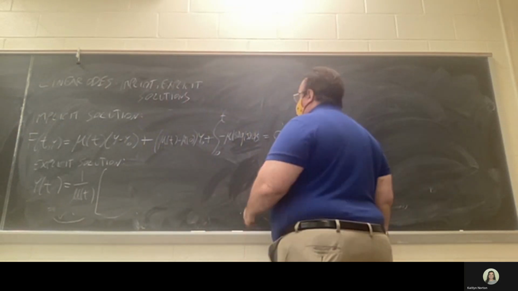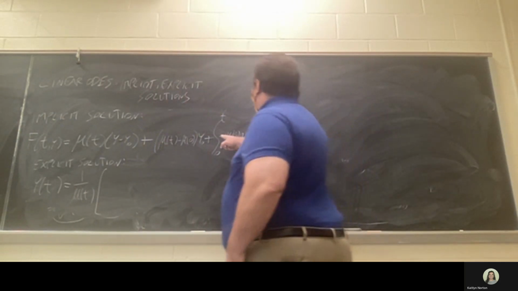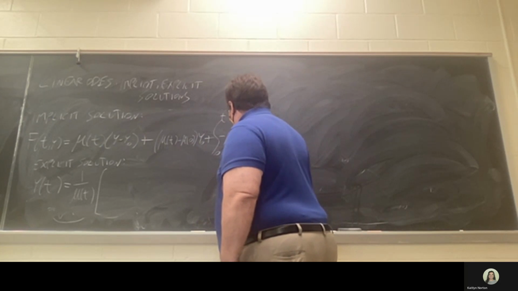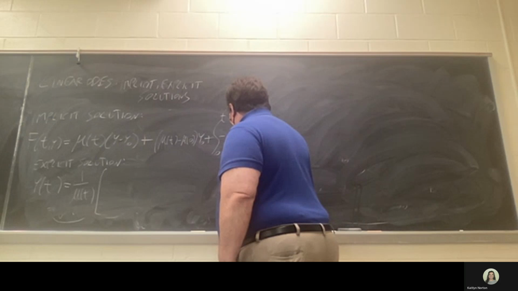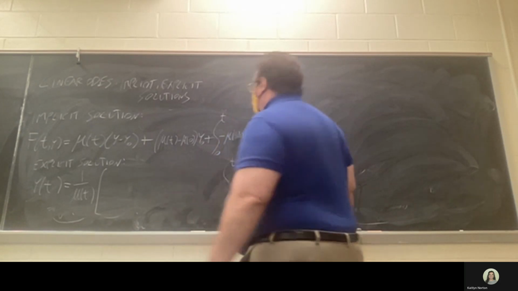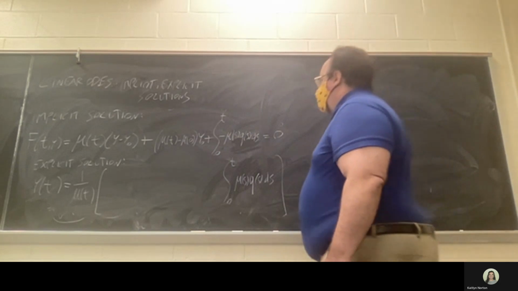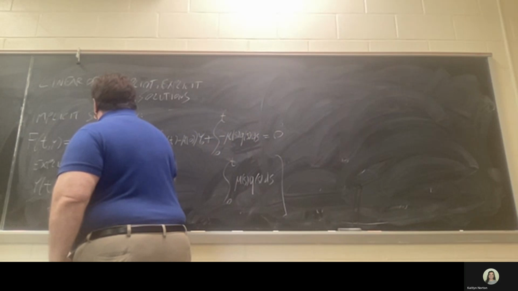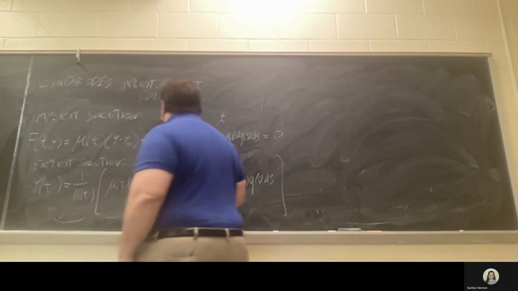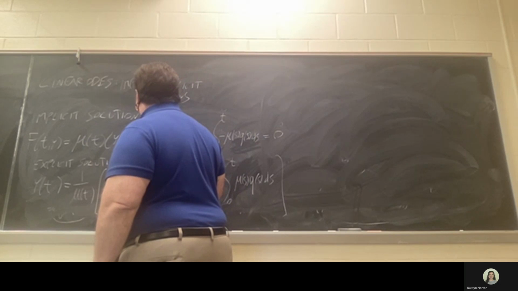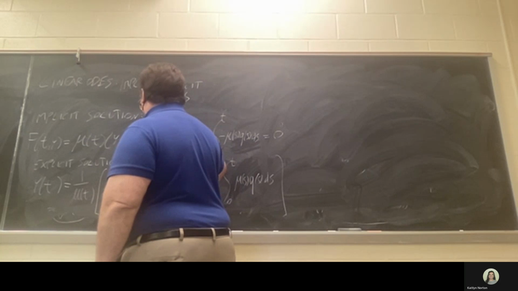And what do we have? We have, well, the last item will be this integral. That doesn't really change either. It's just a definite integral. Okay. And then the other terms that I have are mu of t y naught, minus mu of t y naught.